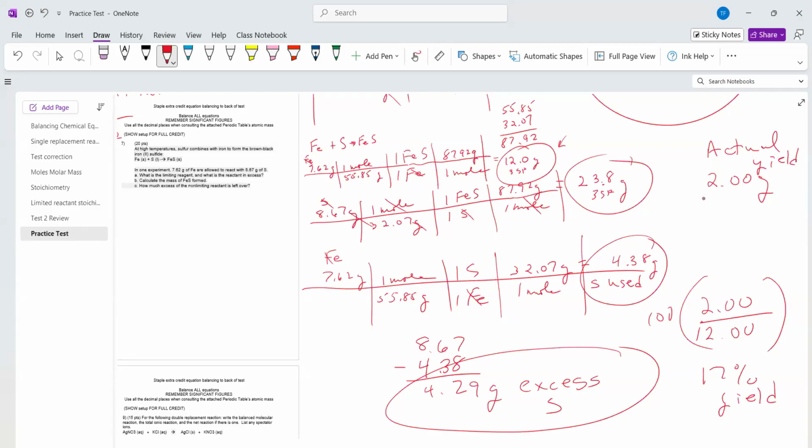Okay. In lab, you're going to do actual minus the theoretical over theoretical times 100, because in lab, you're doing error analysis.